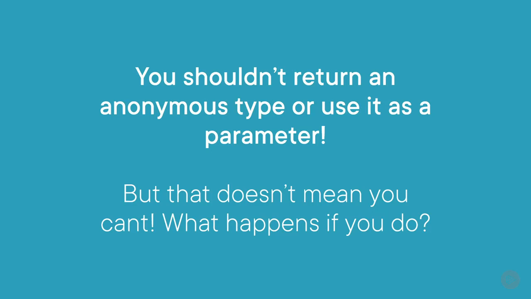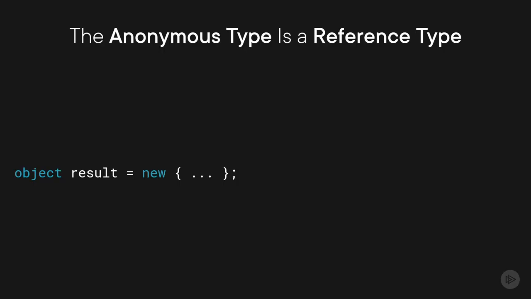The anonymous type that is generated is a normal class. As other reference types, it ultimately inherits from object. A method that has the return type object, a method that accepts an object, or a property that is of type object could point to an anonymous type.